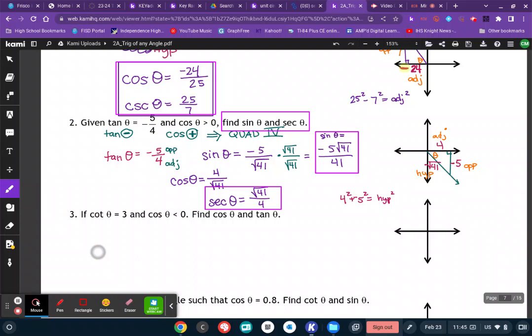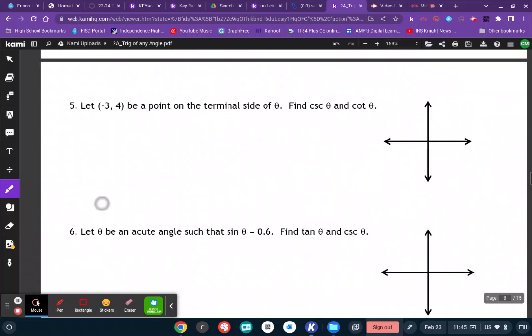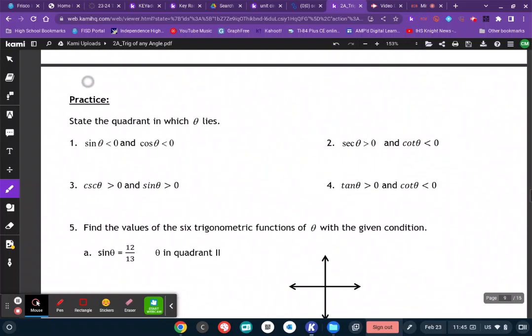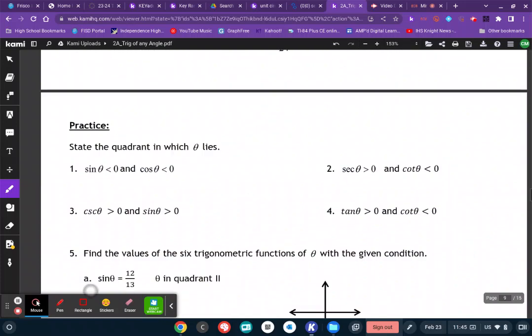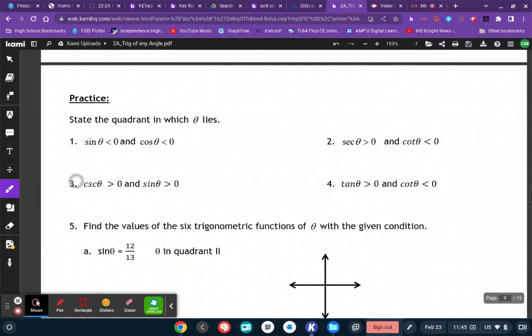I would like for you to practice that by going over to page 25.